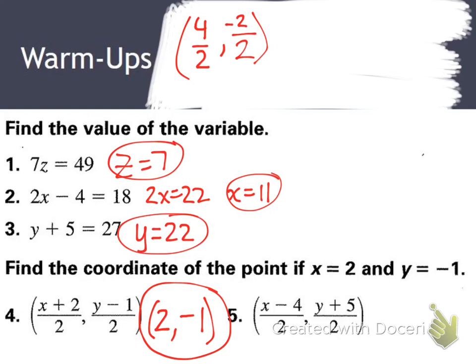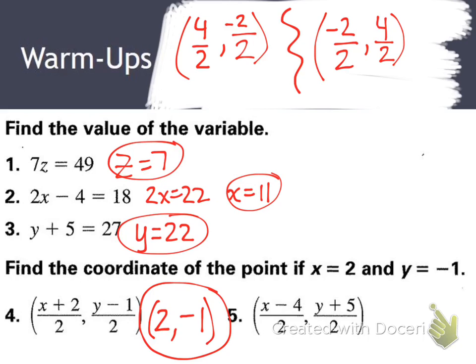On number 5, we're doing the same thing. So I've got 2 minus 4 in the numerator. What's 2 minus 4? Negative 2. That over 2 stays in the bottom, comma. Negative 1 plus 5 gives me 4, still over 2, still written in parentheses as an ordered pair.